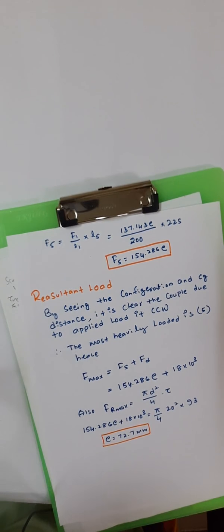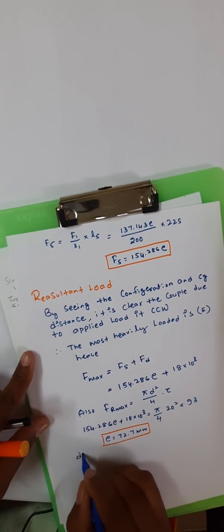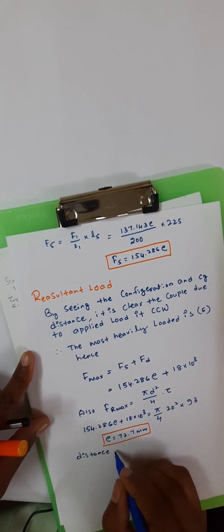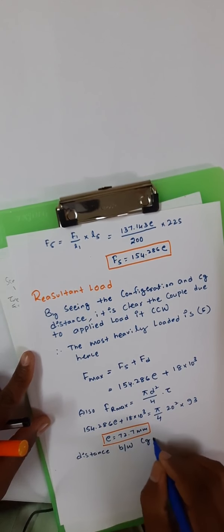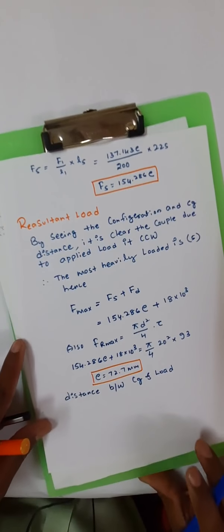Okay. Next, the distance between the CG and load is called the eccentricity.